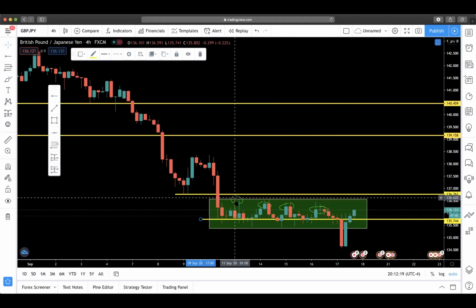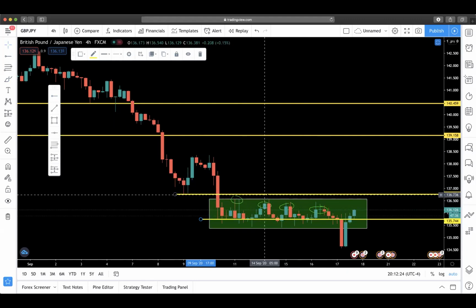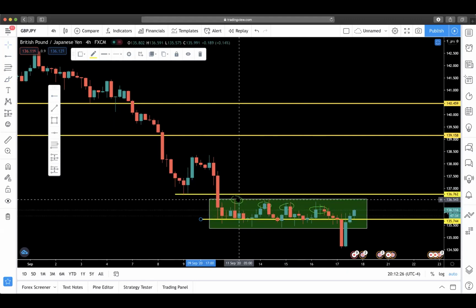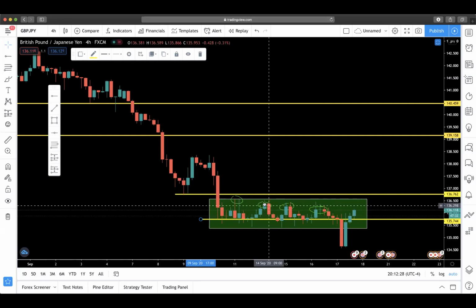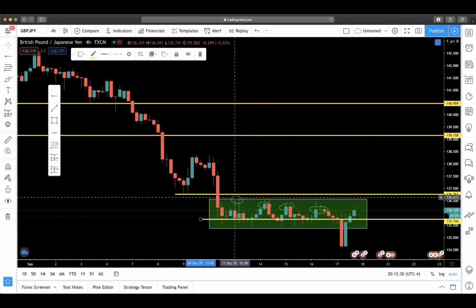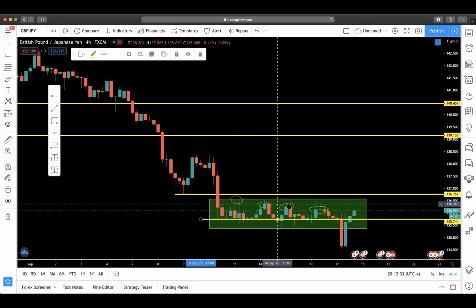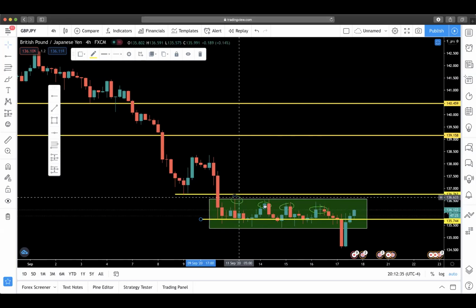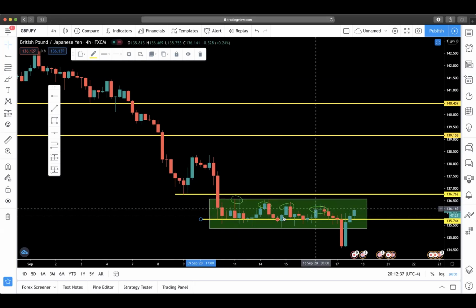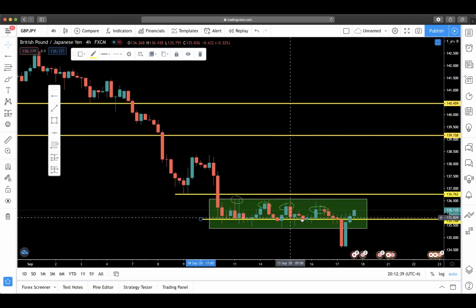These wicks over here. Now, as I look over here, yeah, the wicks may come over here, but after I see this high, I'm looking for the closes. Where are they closing in relationship to the high? As I keep going down, what's happening? It's making lower highs. The lows, though, aren't really going anywhere.